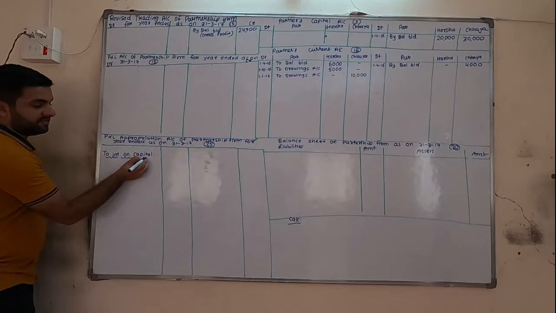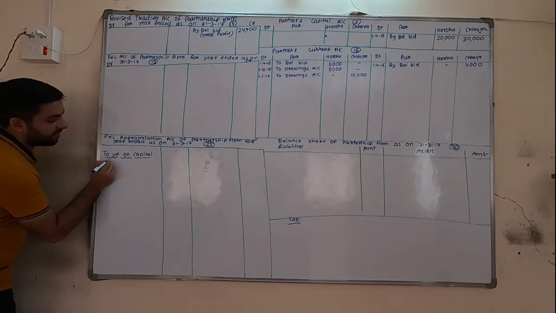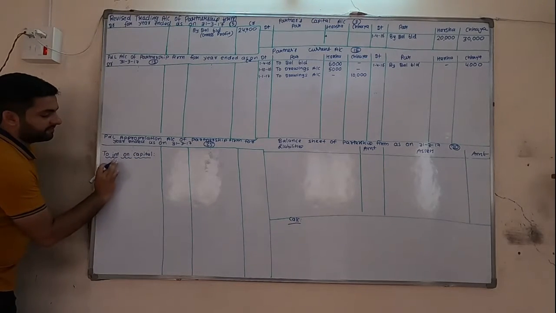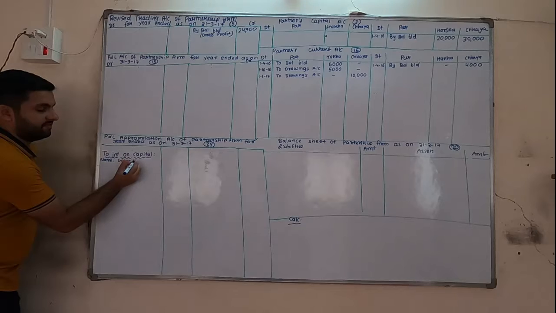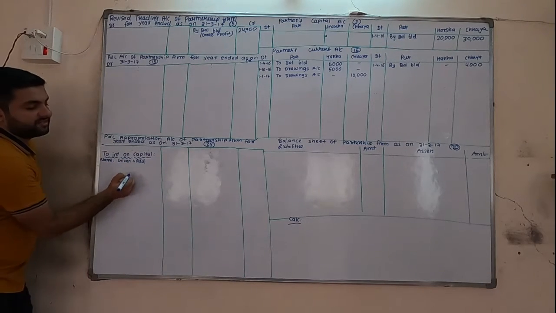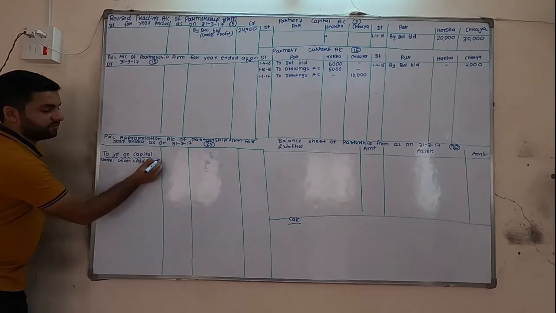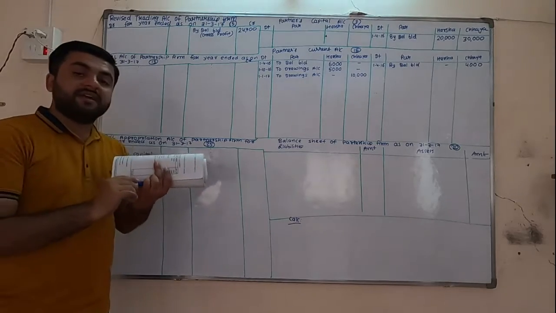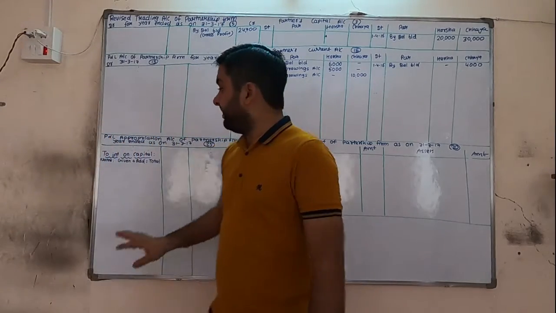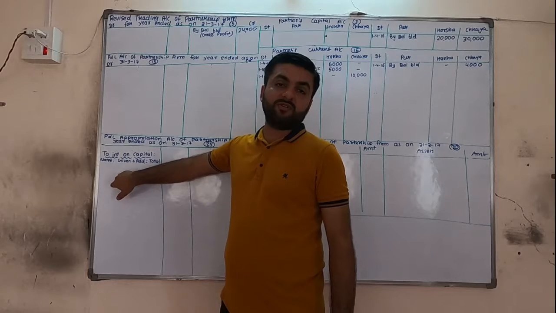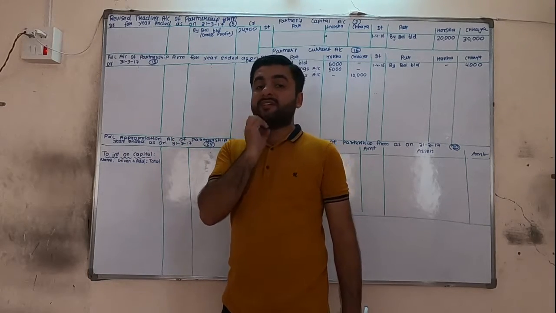Now some interest is given and some we need to calculate, so how will we write? Name, then given plus additional is equals to total. This thing you will write. Why? As I said, interest on capital is given also and we need to calculate in adjustment also.